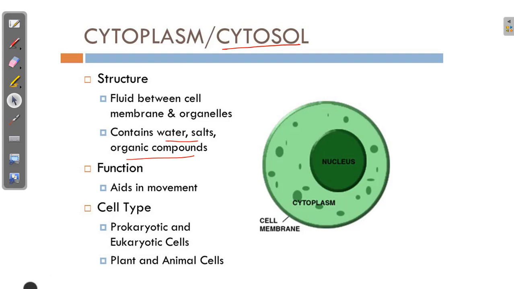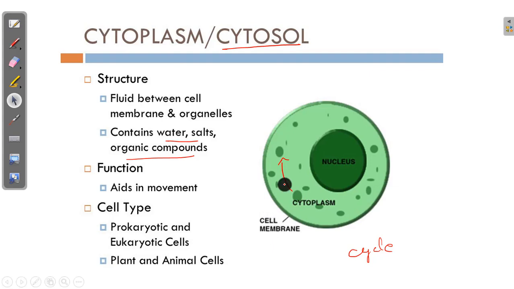Why is this liquid substance present in the cell? What if the cell does not have this liquid substance, the cytoplasm? There will be no movement inside the cell. Suppose I want to transfer something from one organ to another. I will require something, like if we want to go from one place to another, we use a cycle, a motorcycle, cars, etc. In the same way, anything has to be transported inside the cell.